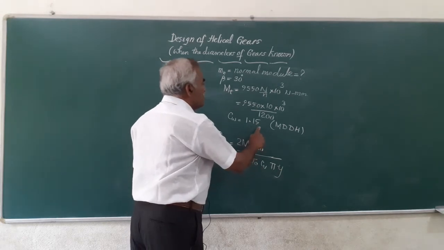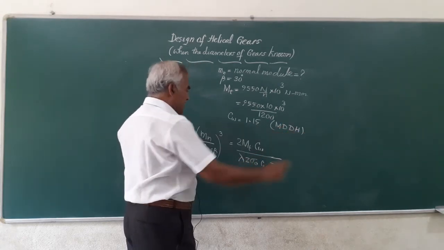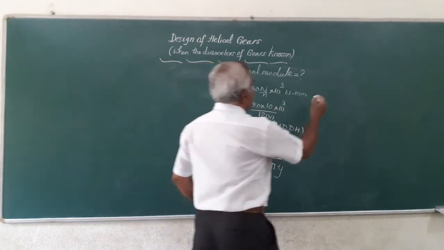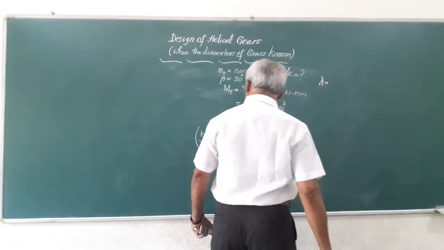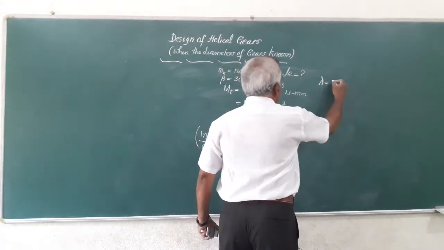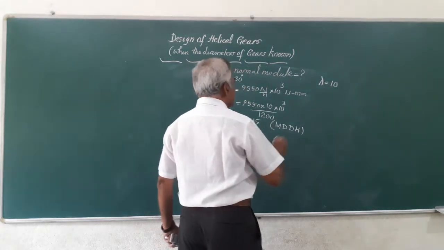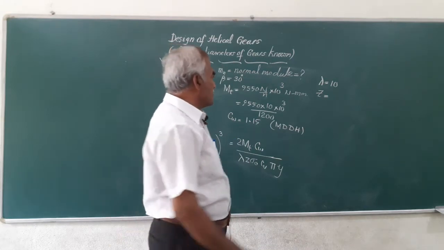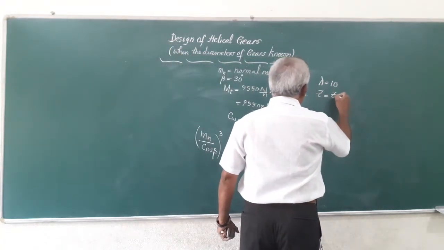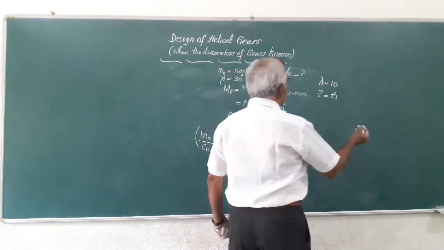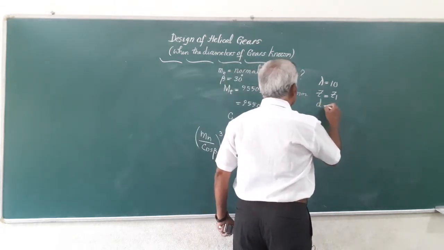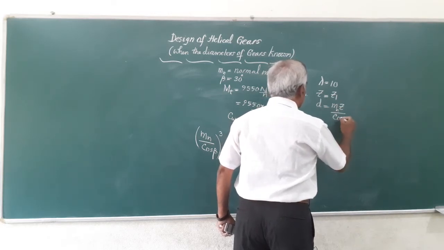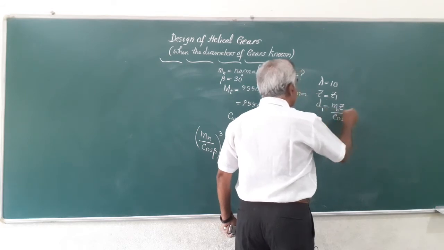Friends, we have here this lambda, which is approximately 10, and this Z is the number of teeth. In this problem, the pinion is the weaker member, and obviously this is going to be Z1. How to find out this Z1? Friends, you have D equal to Mnz by cos beta. Since it is for D1, it is Z1.